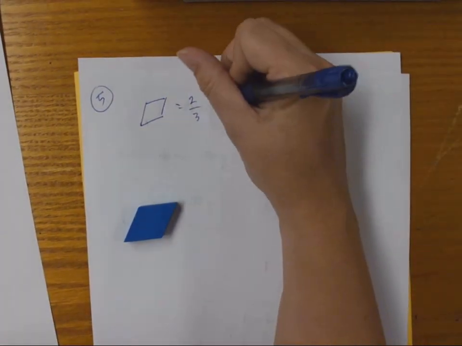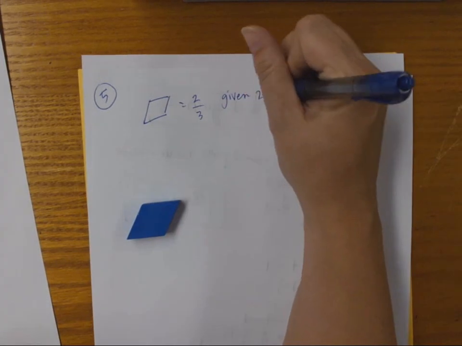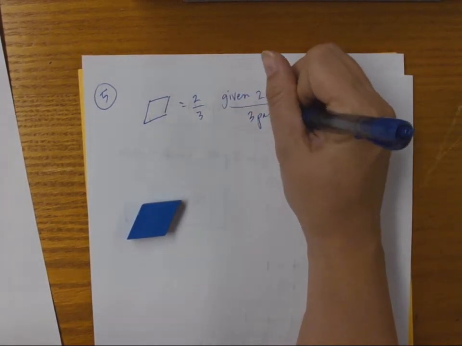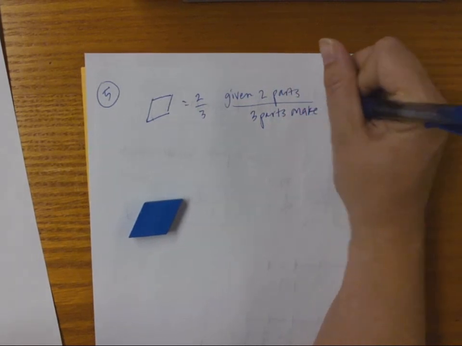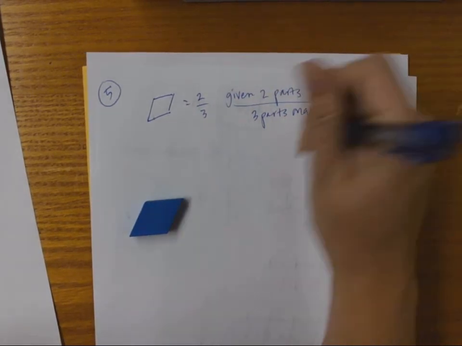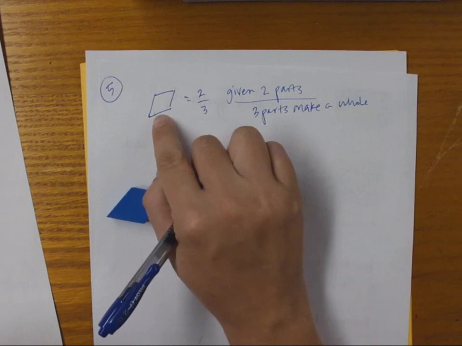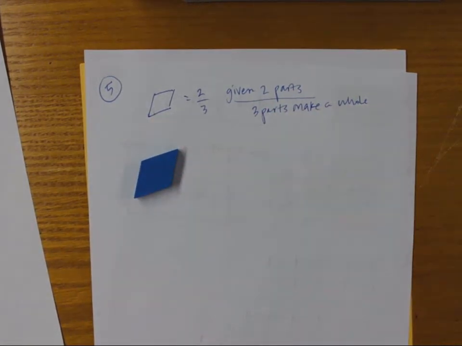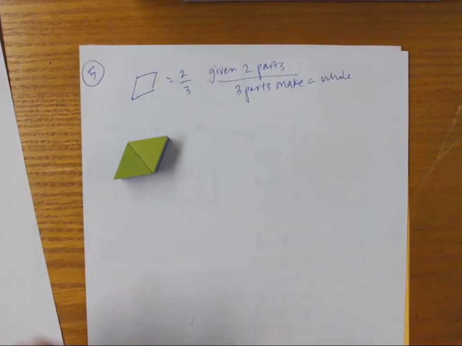So that fraction means I was given 2 parts. 3 parts make a whole. So I need to split this shape that I was given, this parallelogram, into 2 parts. I can do that by figuring out which shape I can put 2 of and cover the entire area.